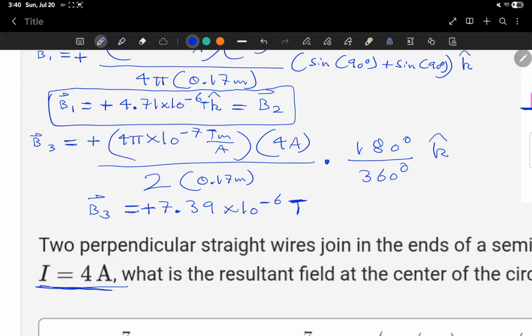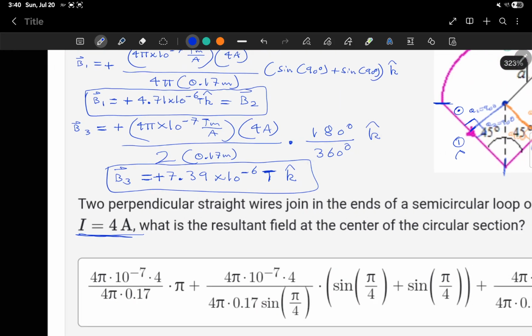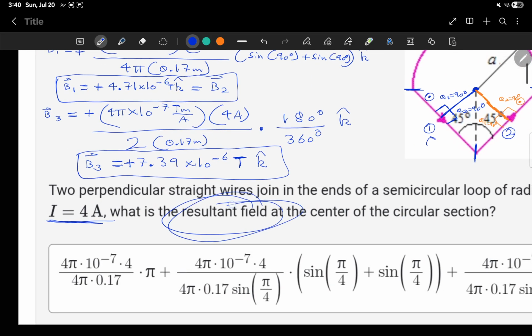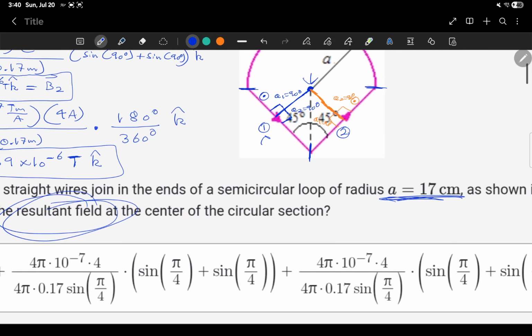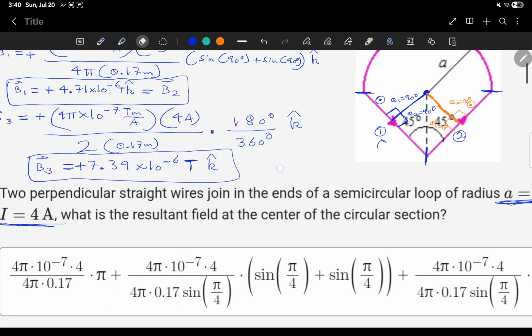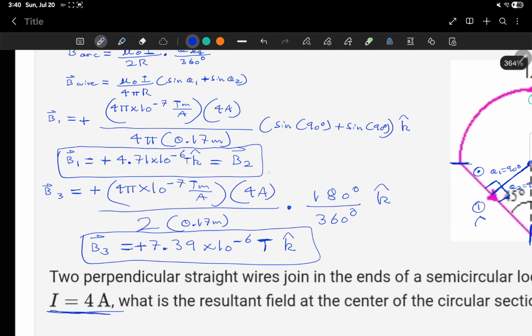Yeah, so I'm going to get 7.39 times 10 to the negative 6 Tesla, and it's in the positive k hat direction. Now hold on, we have to find the net, the resultant, which means the net magnetic field at that point. So what does that mean? That means that I have to add up B1, B2, and B3.